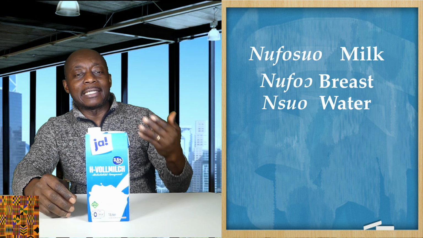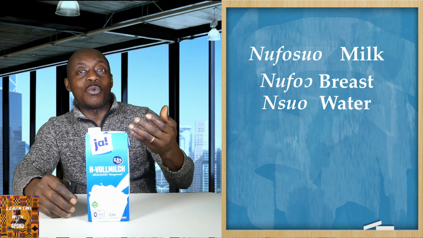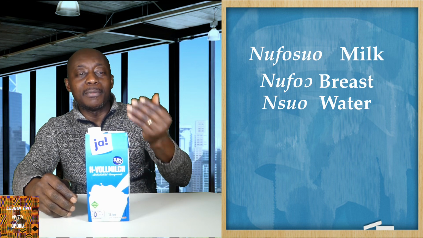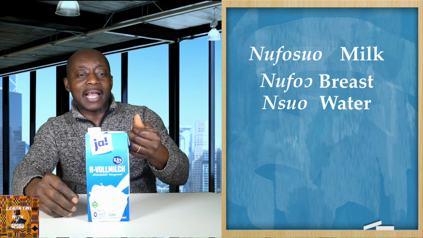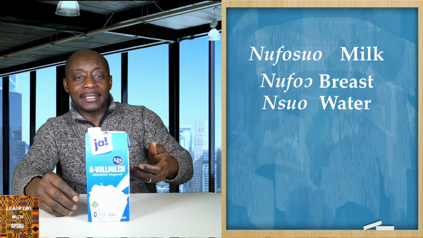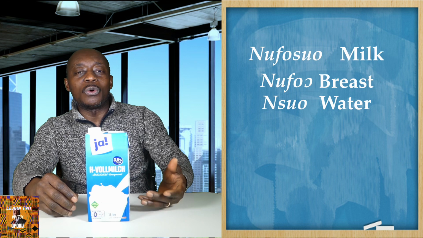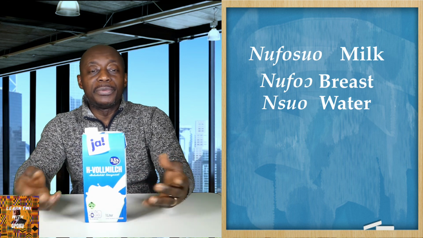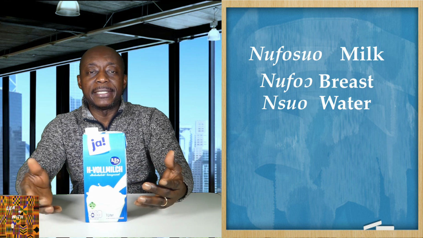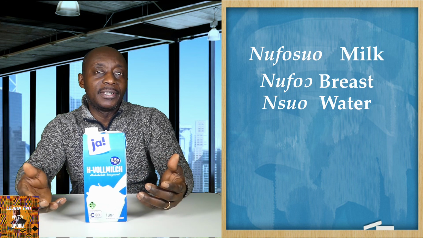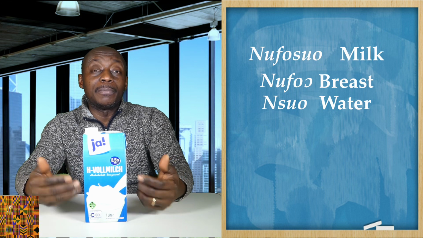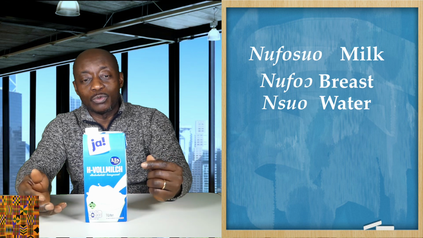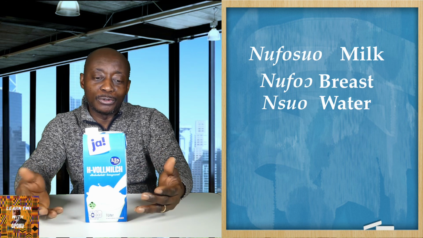So literally we are saying breast water, nufusuo, but we mean milk. Because it's a kind of liquid that we get from the breast, we call it nufusuo. Just as in English we have breast milk, in Twi we say nufusuo.